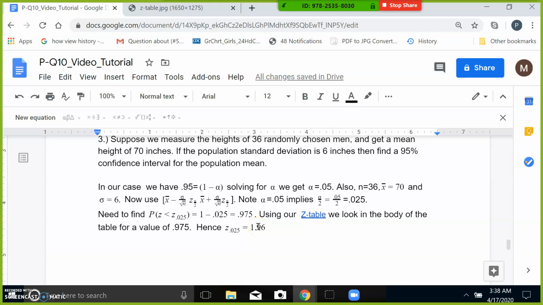Okay, so we're going to plug now into our formula here. I'm going to plug it into this part right here.